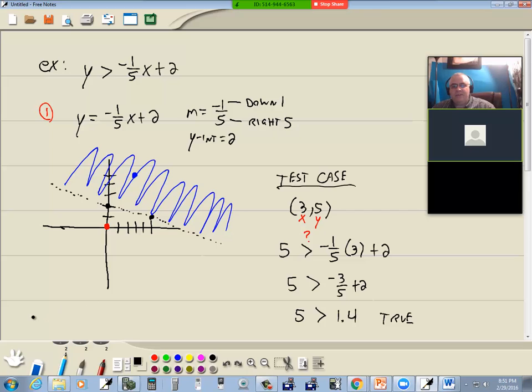I think one thing you may need to know is they'll give you a test case. If they ask you to graph it, you can pick whatever you want. But they may give you a test case, like they may give you 2, 1, and they'll ask you if it's a solution.